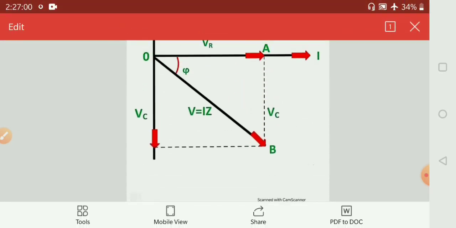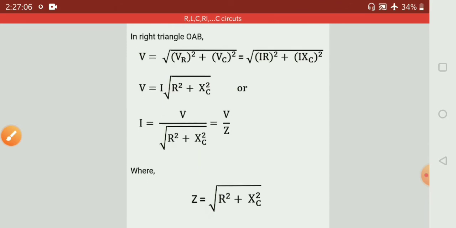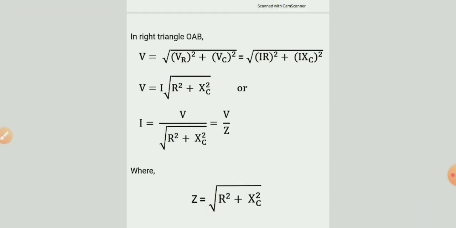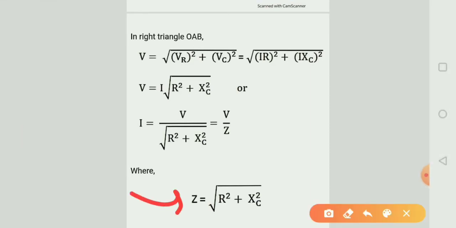If we apply the Pythagoras theorem for this circuit, we get V equal to the square root of VR squared plus VC squared. We know that VR is equal to I into R and VC equal to I into XC. So the impedance is Z equal to the square root of R squared plus XC squared.